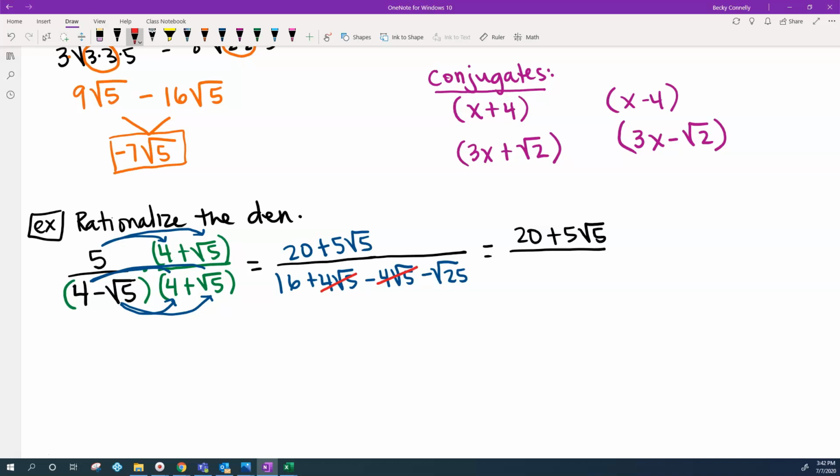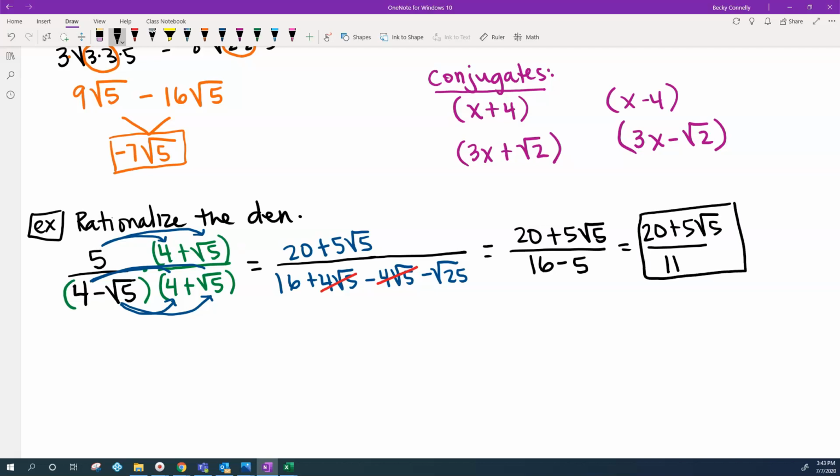And then I have 16 minus 5, right? The square root of 25 is 5. And then I still need to get that together. 16 minus 5 is 11.